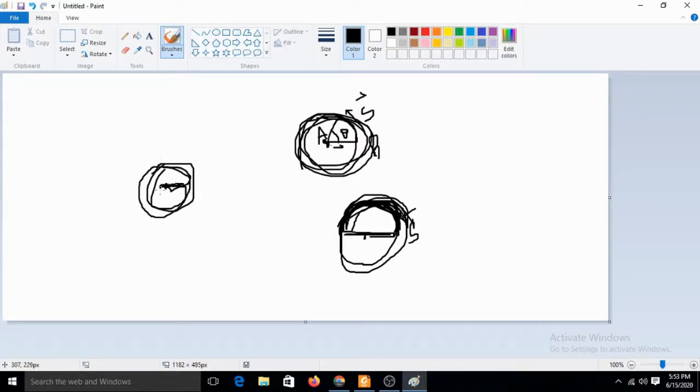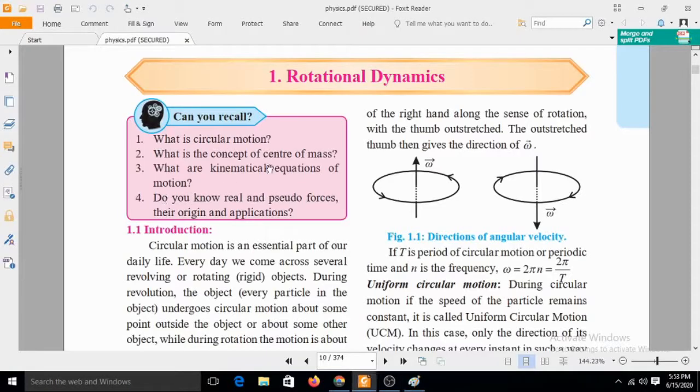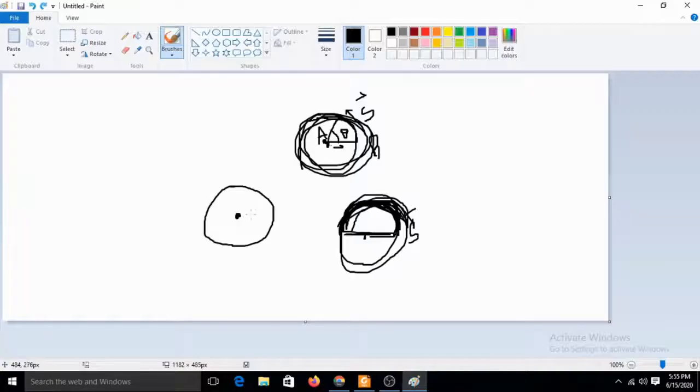All of the masses at the center, all masses will be equal, you can say. That is the center of mass. It means at all points over the circle the mass will be equal. That is the centroid, and this is the center point.